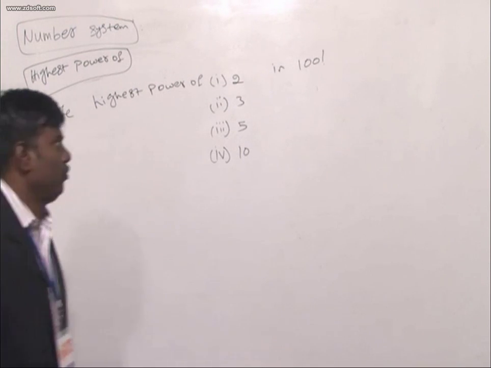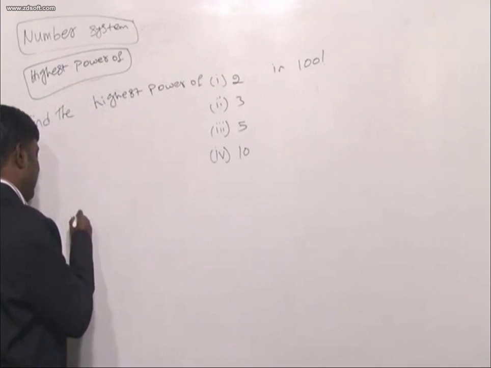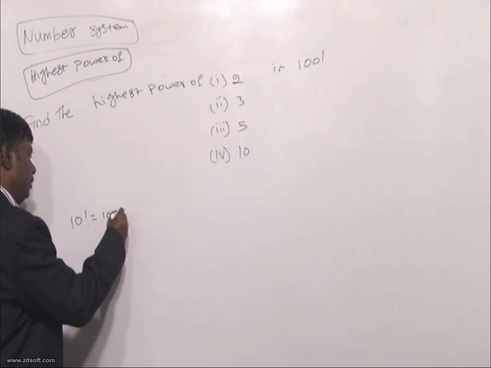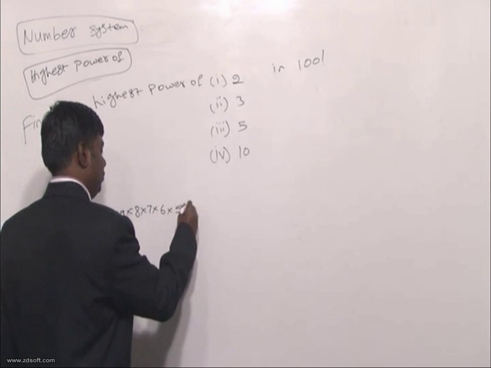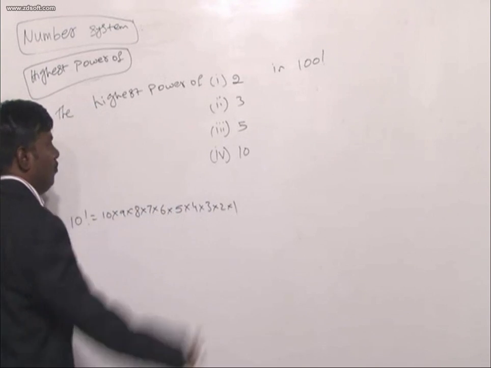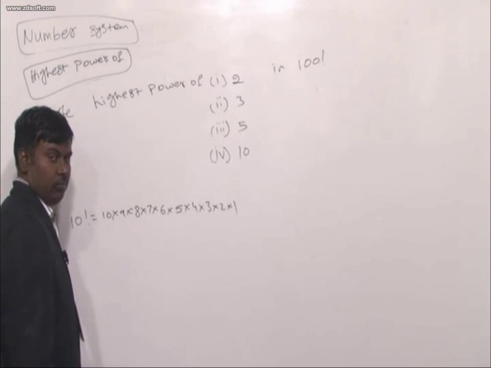Okay, before doing this, let us take one small example in understanding. Let us consider 10 factorial. 10 into 9 into 8 into 7 into 6 into 5 into 4 into 3 into 2 into 1. Now if you want to find highest power of 2, what are the powers of 2?